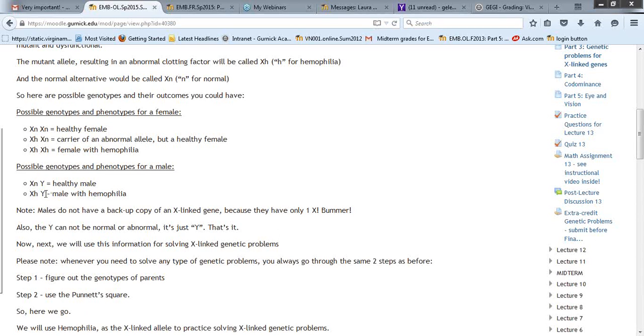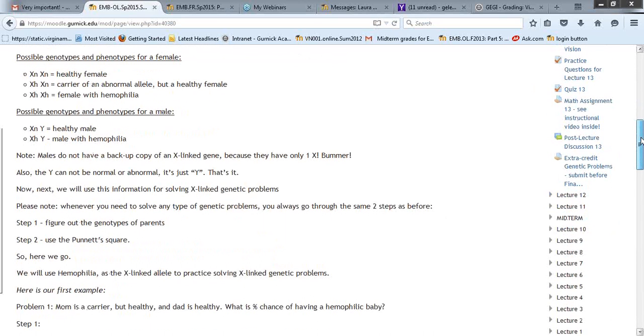For the X that is affected, that would be the only X that the male would have. So X affected or X mutant with the Y chromosome would be the genotype of a male who's affected by the disease. So you need to understand how genotypes of the X-linked genes translate into phenotypes for these males and females.